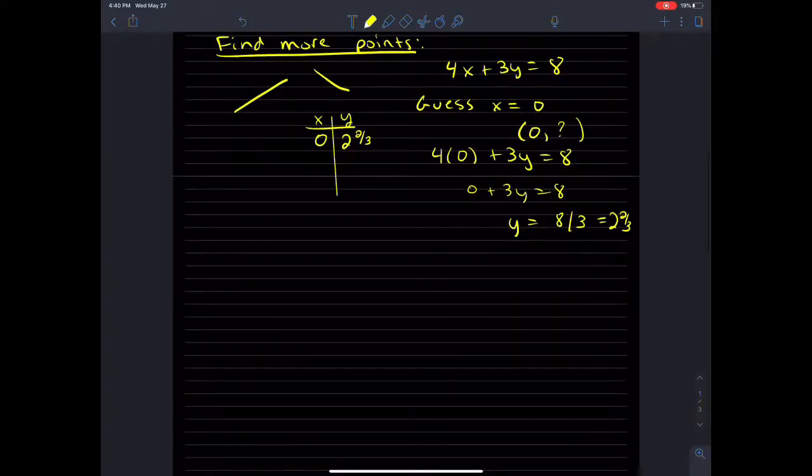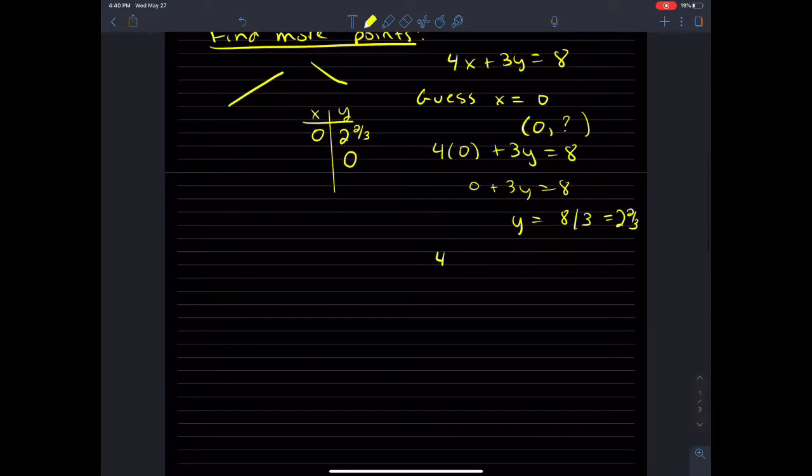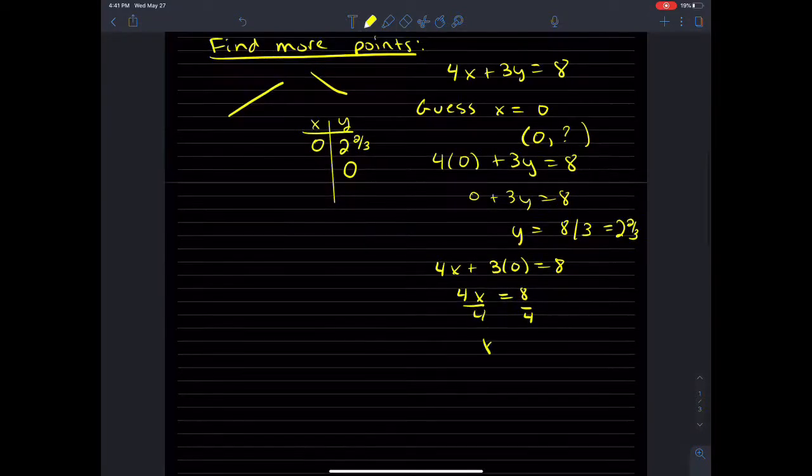We can guess y is 0 if we wanted to. Y is 0 would be 4x plus 3 times 0 equals 8. And then we get 4x equals 8, so x is equal to 2. So there's another ordered pair.